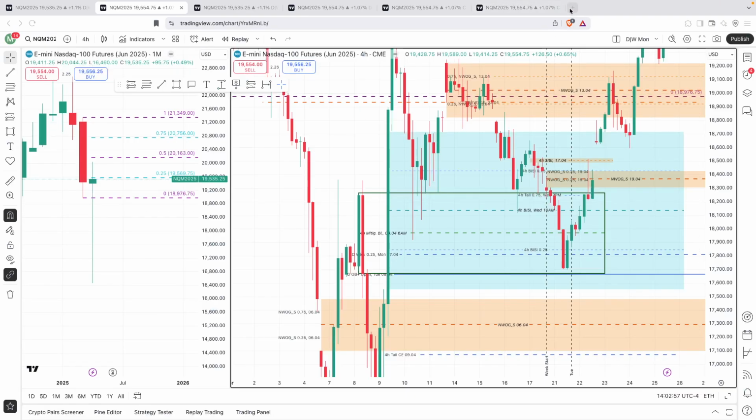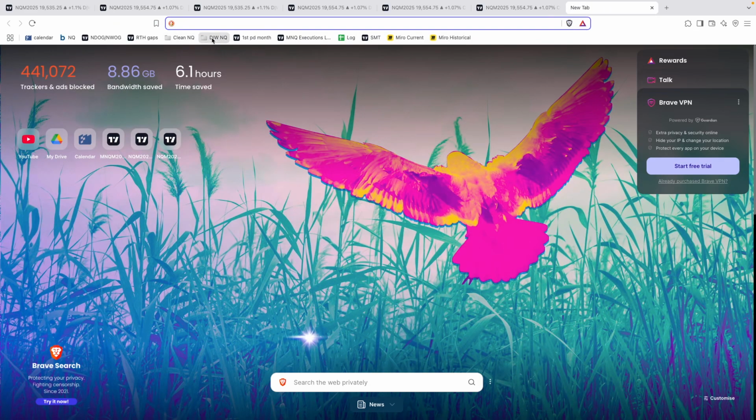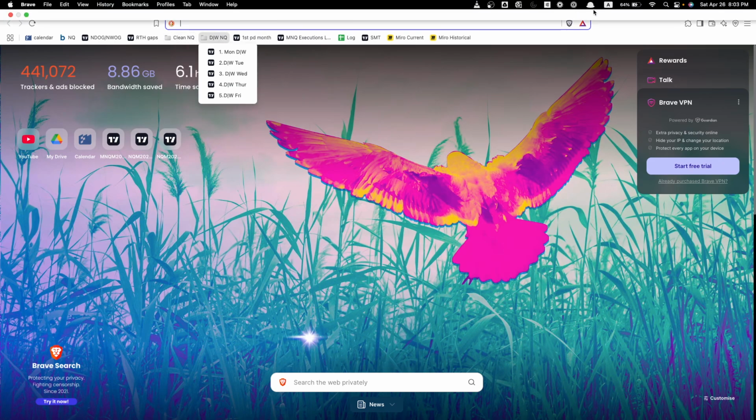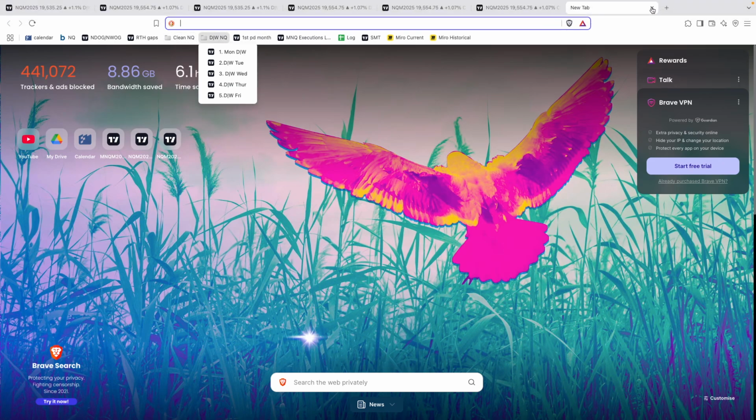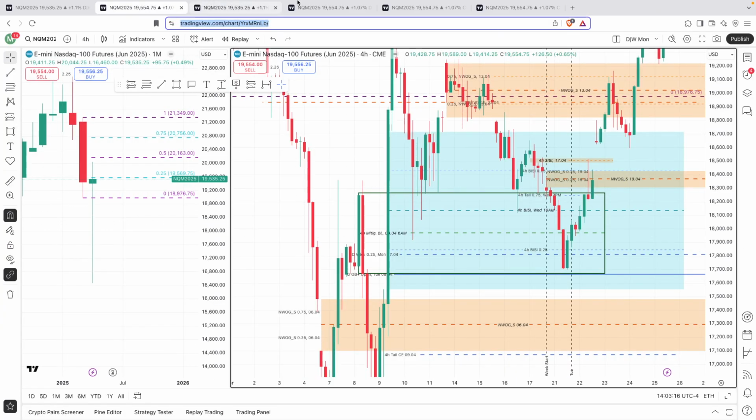So what I usually do is I have a template for each day of the week. So from Monday to Friday, I usually have my templates. And then in the PM session, I like to have a template as well where I have the first value gap. And I have also templates for new week opening gaps.